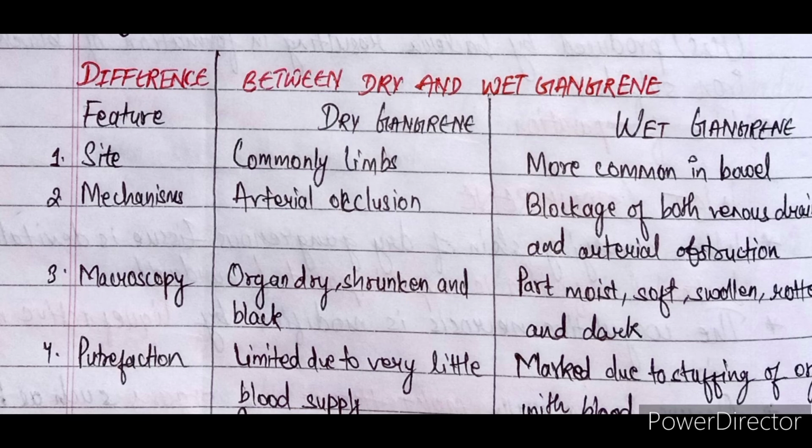On macroscopy view, the dry gangrene appears as dry, shrunken and black, whereas in wet gangrene, the affected part looks moist, soft, swollen, rotten and dark.